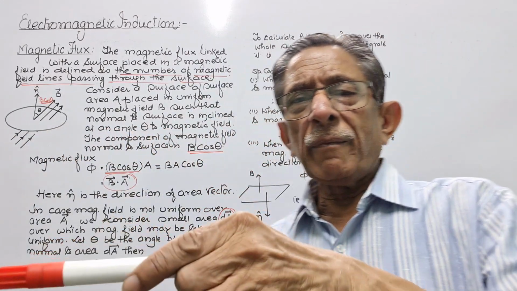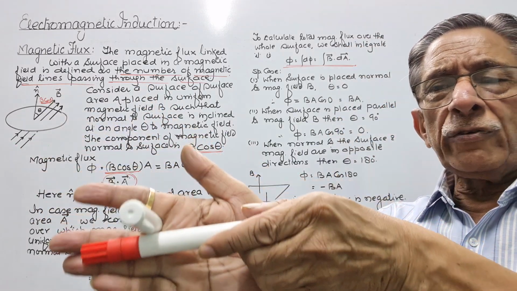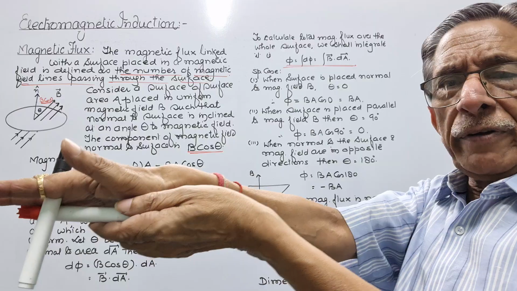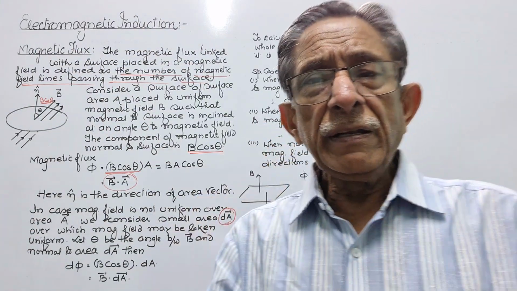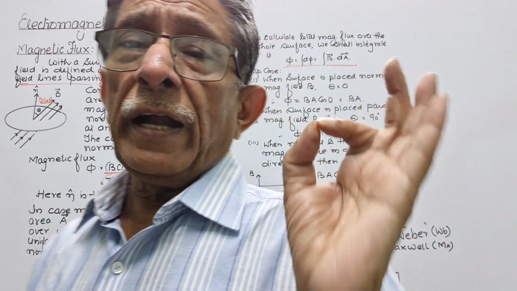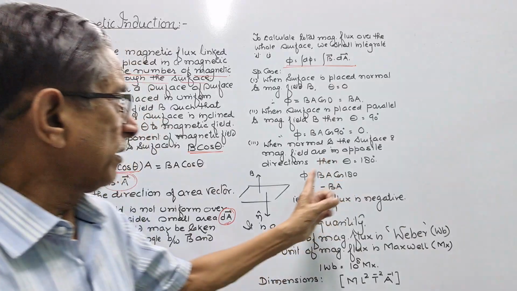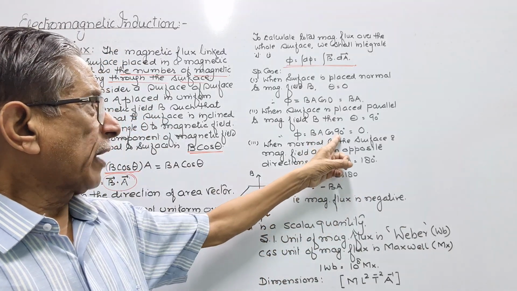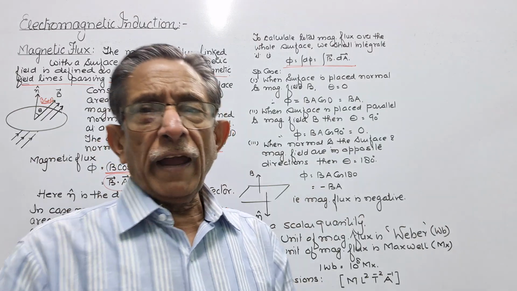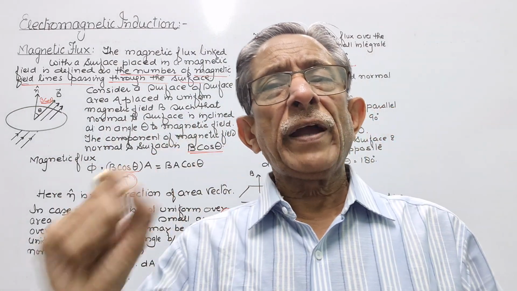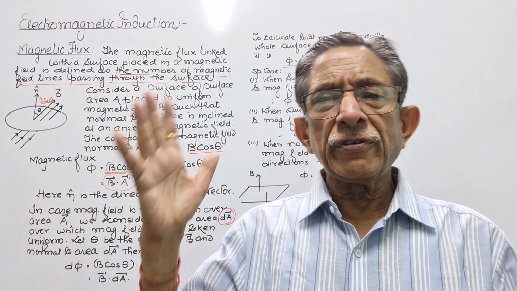So the angle between the normal to the surface and magnetic field is 90. So flux phi is equal to BA cos theta, theta is 90, so it will become 0. So when the coil is placed parallel to magnetic field, the flux passing through the coil is 0.